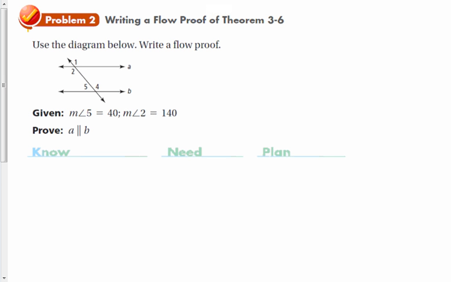I'm going to introduce you to a new kind of proof here, writing a flow proof. It's called a flow proof, and computer engineers use these kinds of proofs quite a bit. But what we're going to do is show that A is parallel to B, given that the measure of angle 5 is equal to 40 and the measure of angle 2 is 140. It says writing a flow proof of theorem 3.6. This is just an outcome of theorem 3.6.